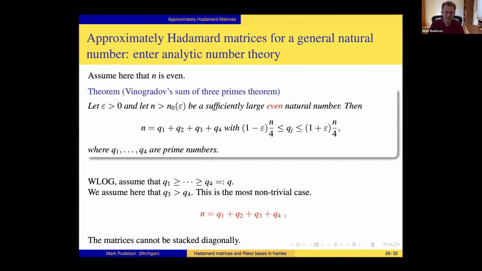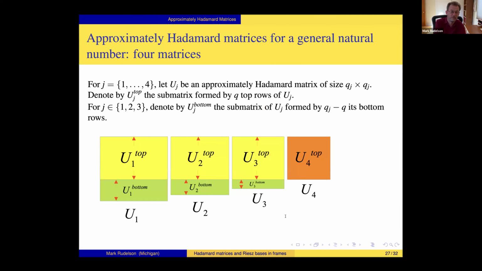So instead of stacking them diagonally, we want to stack them next to each other, but the sizes are different. So what can we do? We work like tailors. If the sizes are different, we cut them to size. Instead of the bigger matrices, we cut and put aside a few bottom rows to make all the number of rows the same.